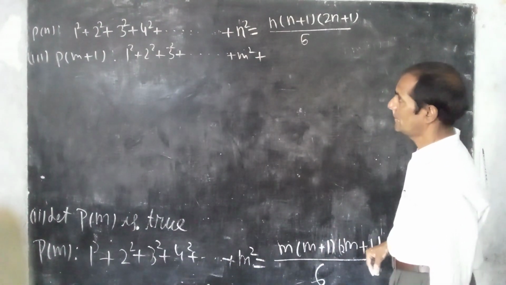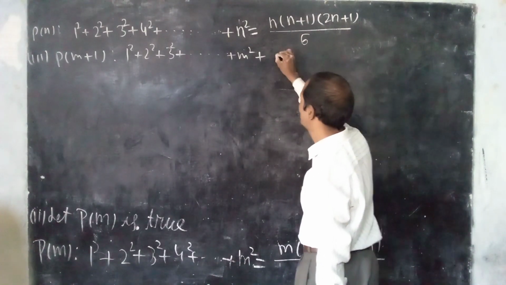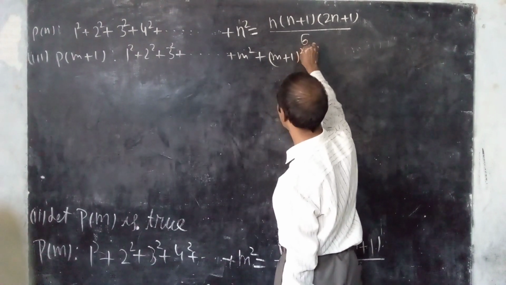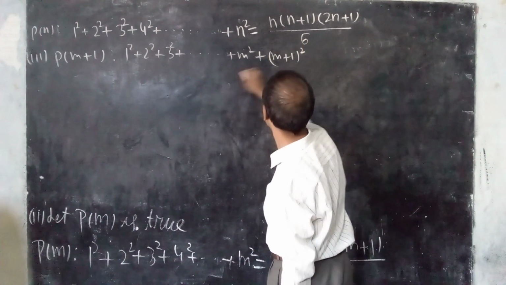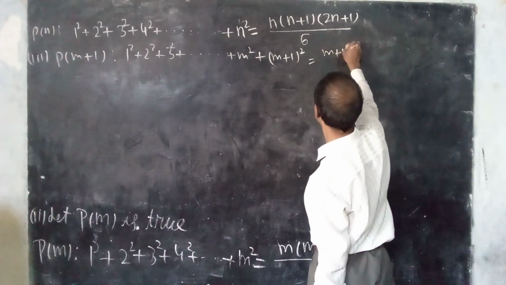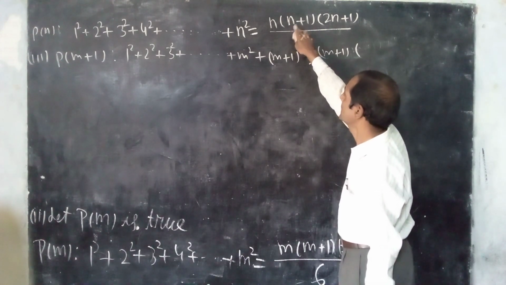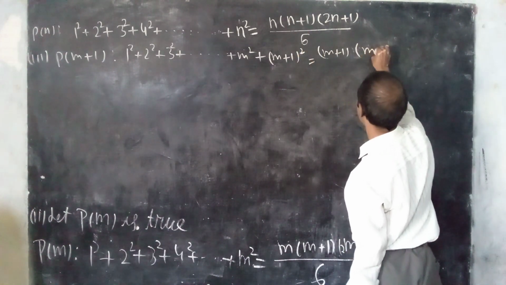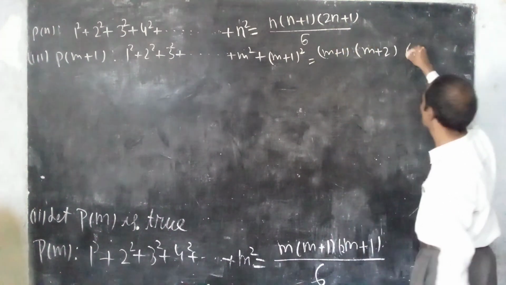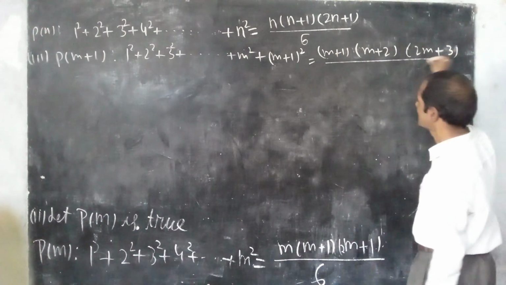When we replace n by m plus 1, we get the m plus 1 term. So the right side, n plus 1 becomes m plus 2, and 2m plus 2 plus 1 gives 2m plus 3. We get 2m plus 3 by 6.